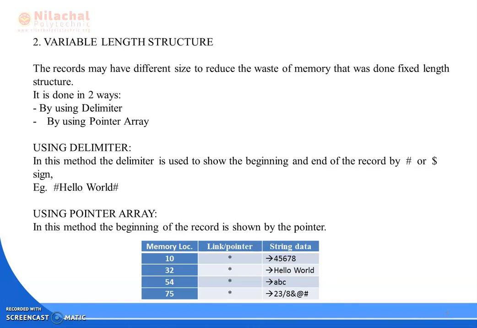In our previous slides of chapter 2, that is string processing, we have discussed what a string is and how a string is stored in memory. We discussed that a string is stored in memory in three ways: fixed length structure, variable length structure, and linked list structure.